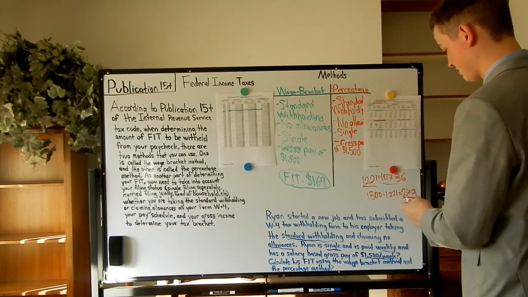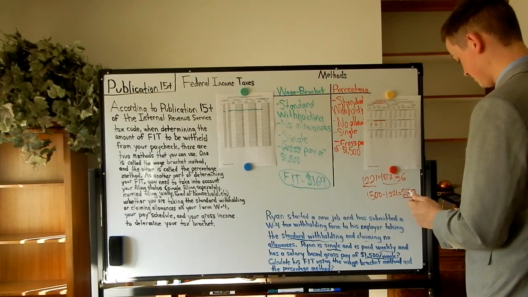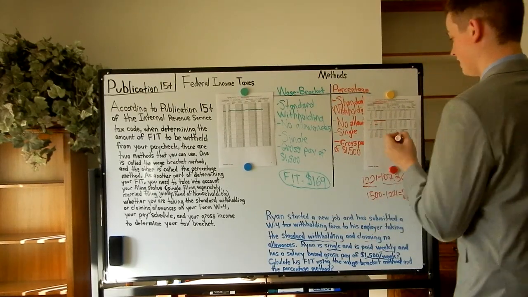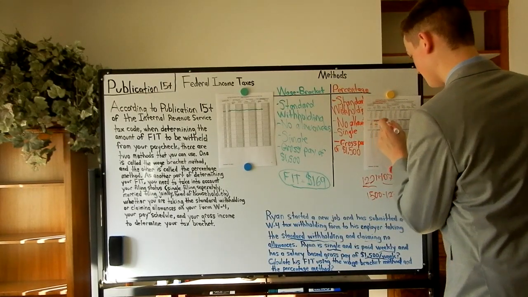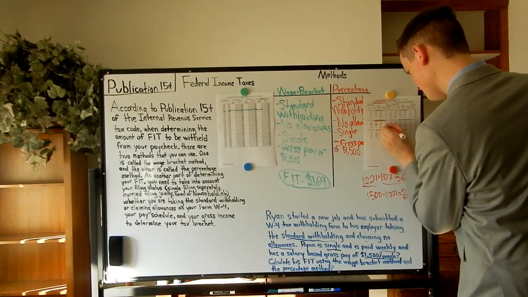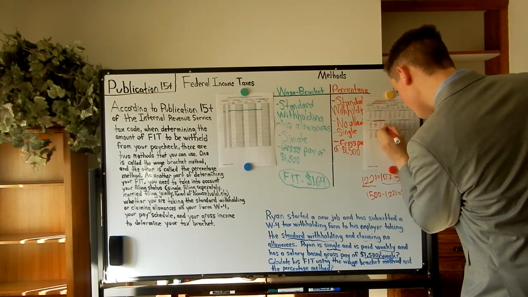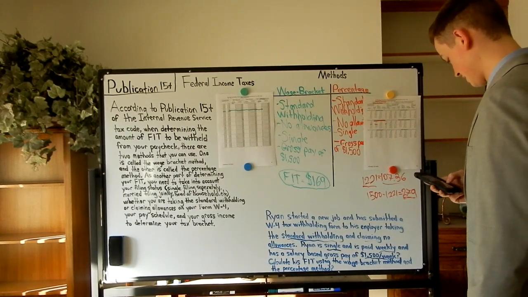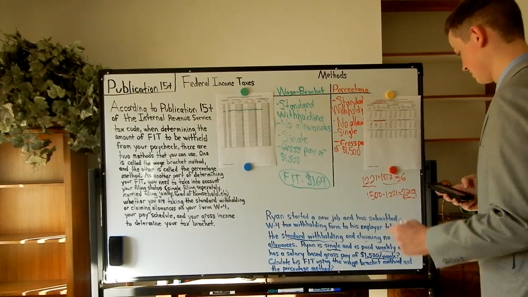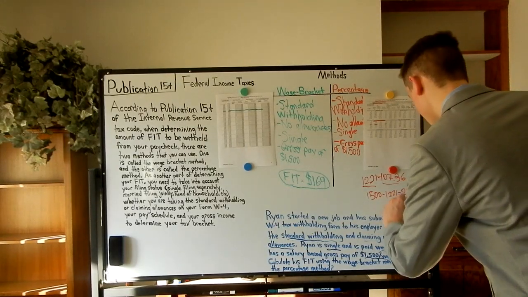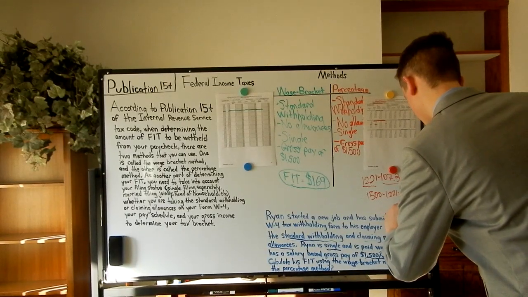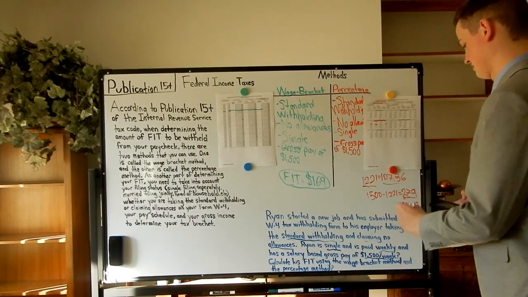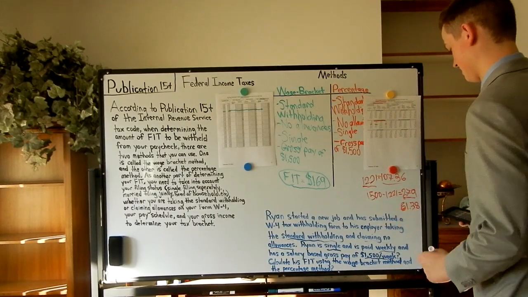And now what you're going to want to do is take this $279 and multiply it by 22%. And if you calculate that out, you'll get $61.38.